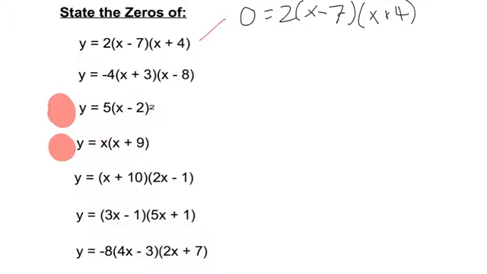The first thing that you would do is divide both sides by 2, by the a value. 0 divided by 2 is still 0, and the right side divided by 2 is just the product of what we have. So this becomes 0 equals (x minus 7)(x plus 4). From there you can just apply the rule of zeros as we've done before.